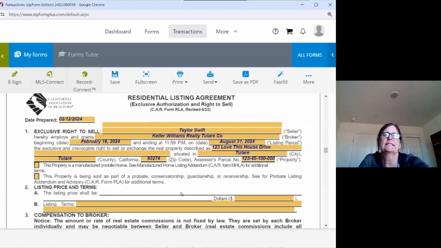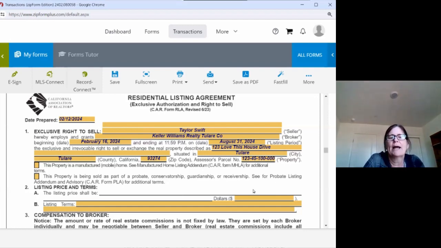Now, when I do a listing appointment, I typically take this with me. I print it out and take it with me, and I have it filled out as much as I can before I get there. I like to do that because when I'm sitting down with a potential seller, I want them to be able to sign the listing agreement right then and there, and not have to leave and then try to send it electronically and then time goes by.